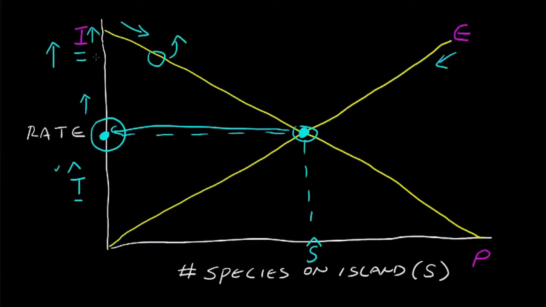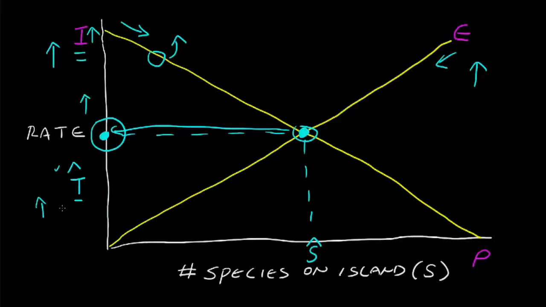If we did that, that would raise our equilibrium point, and that would give us an increased rate in turnover, which sort of makes sense. With more immigrations, you've got more turnover. And the same would be true with extinctions. If we increase our extinction line, we would also expect our turnover rate to increase. So this is how you would sort of visualize it graphically.